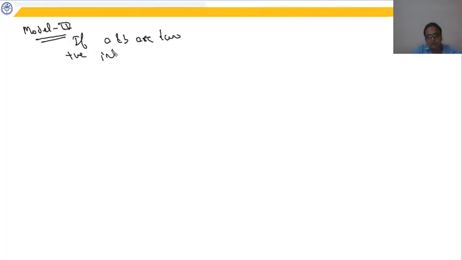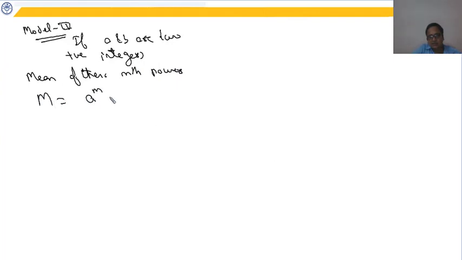A and b are two positive integers, and we say the mean of their mth power is M. That is, M is equal to (a to the power m plus b to the power m) by 2. This is M.